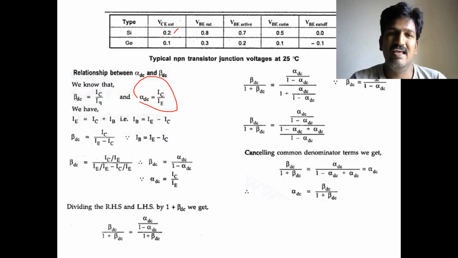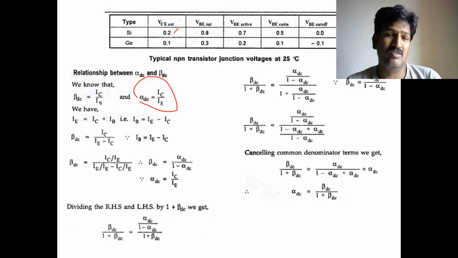You can also write IB is equal to IE minus IC. For beta DC, just replace IB with IE minus IC, so beta DC is IC divided by IE minus IC. Then divide numerator and denominator by IE, so beta DC is equal to alpha DC divided by 1 minus alpha DC.